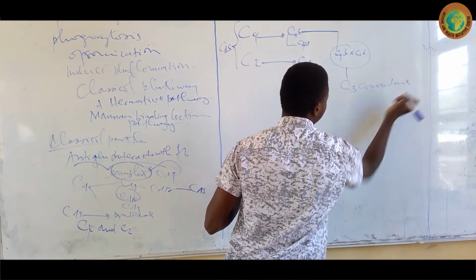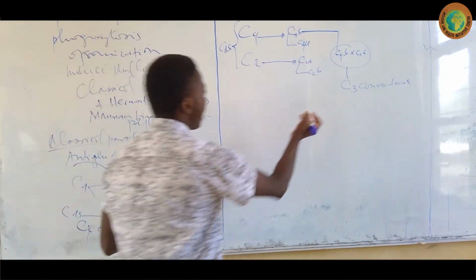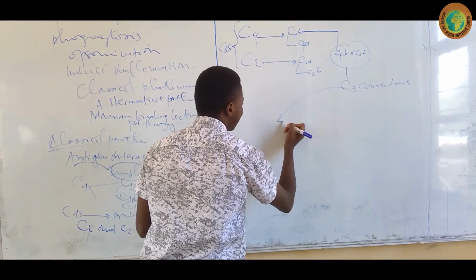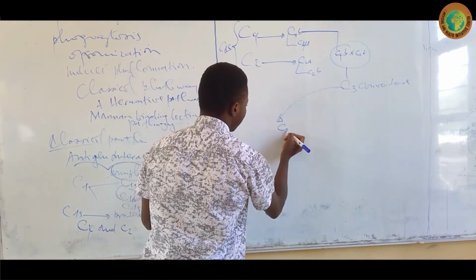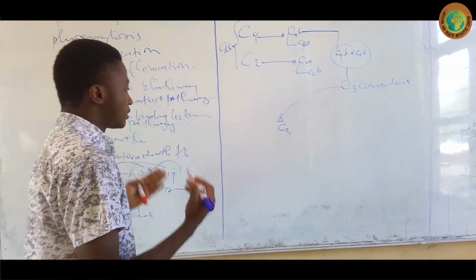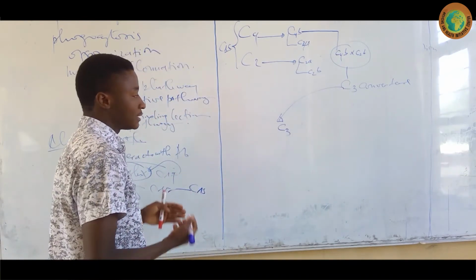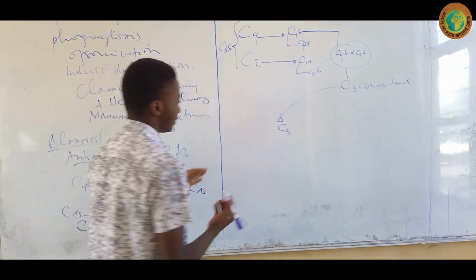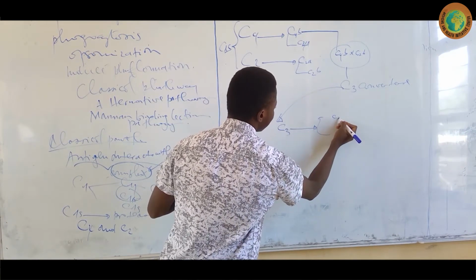This C3 convertase will come to activate C3. This is complement 3, which is in circulation and is in inactive form. It needs to be activated. The activated C3 will give us C3b and C3a.